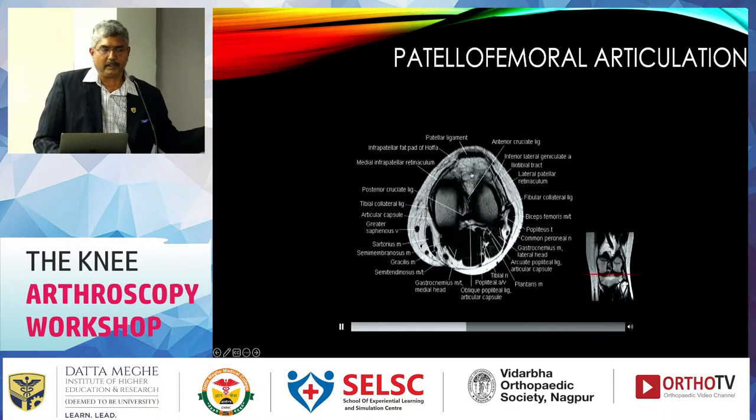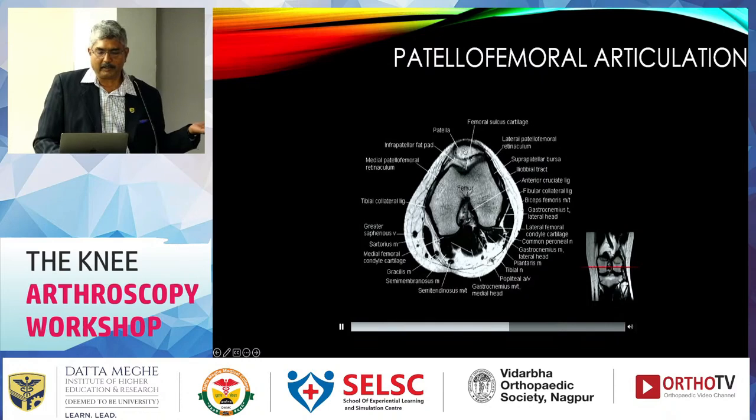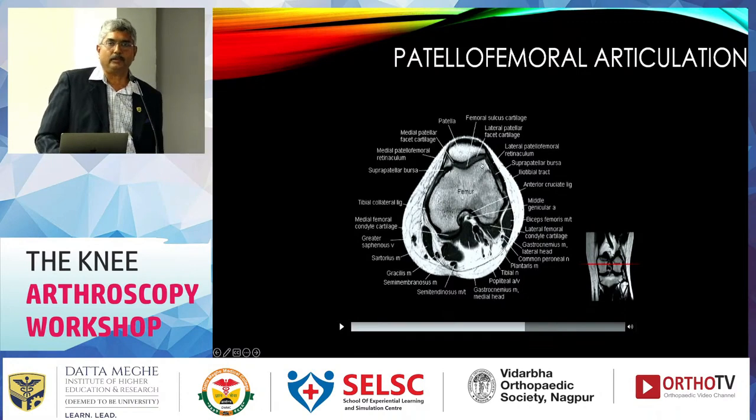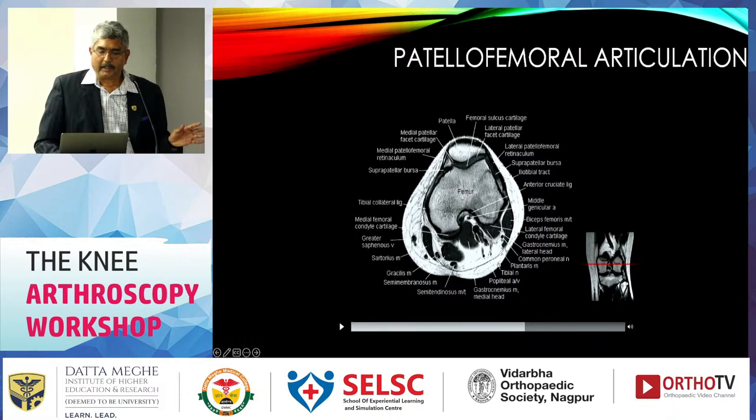Posteriorly, we can see three bursae: infrapatellar, suprapatellar, and prepatellar. This one is the patella with medial and lateral articular facets. Then this one is the femoral sulcus or the trochlear groove where the patella fits. So the anterior patellofemoral articulation is really simple to understand.